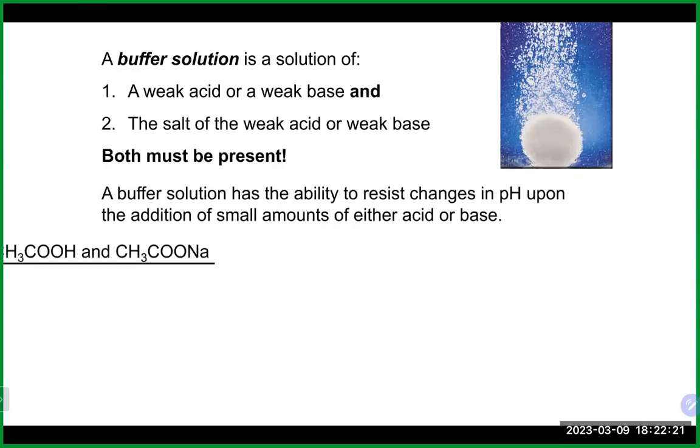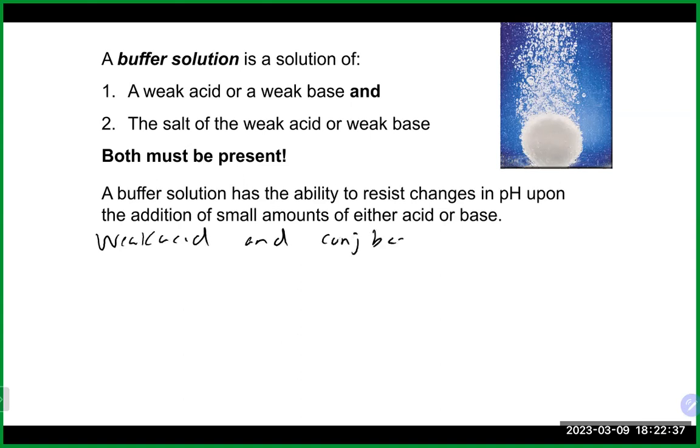So a couple of really important things about buffers. A buffer is really a combination of one of two combinations. You could have a weak acid and its conjugate base, and it's sometimes referred to as the salt of its conjugate base.